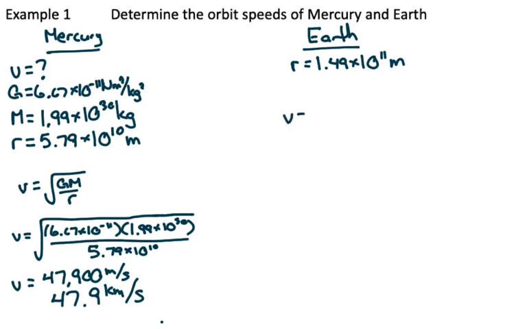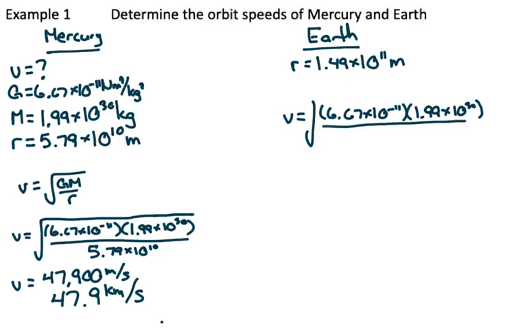Substituting into the equation, I'll go straight ahead to that because we already have it written down. G hasn't changed. M, mass of the Sun, hasn't changed. R is now the orbital radius of the Earth, 1.49 times 10 to the 11th.